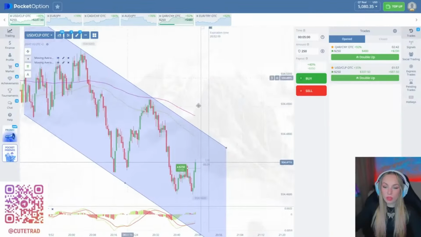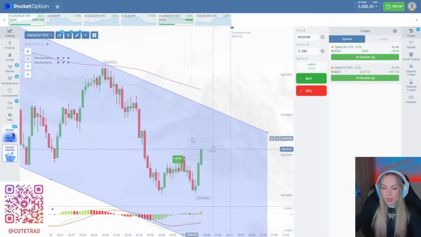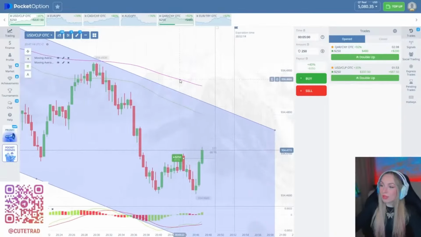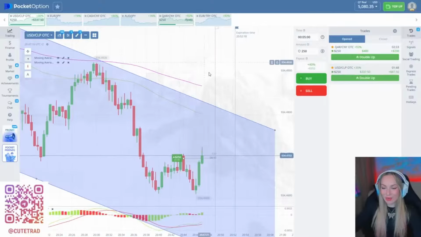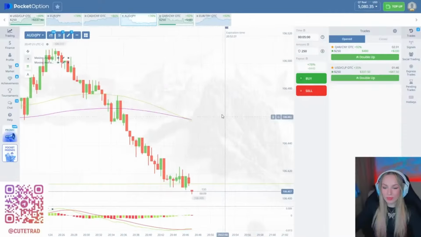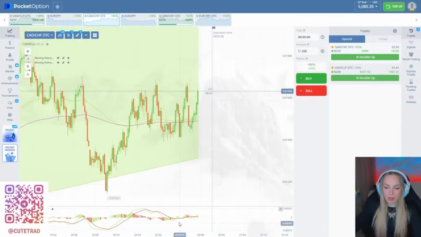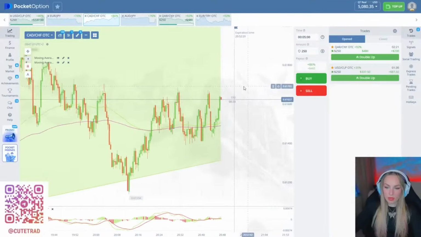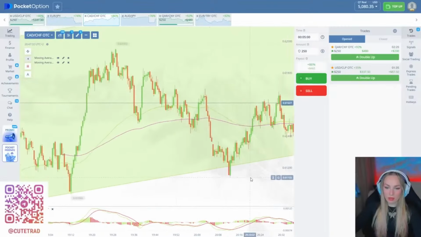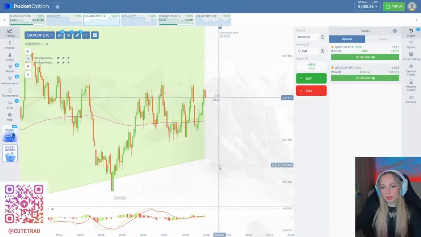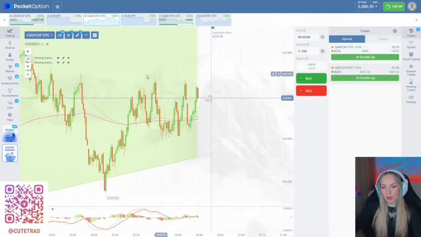USD also started to go up. Look, the correct timing is everything. Let's hope it will continue going up. So much volatility here, it looks like. Before there was also volatility, but right now it's moving a little bit chaotic, which I don't like.